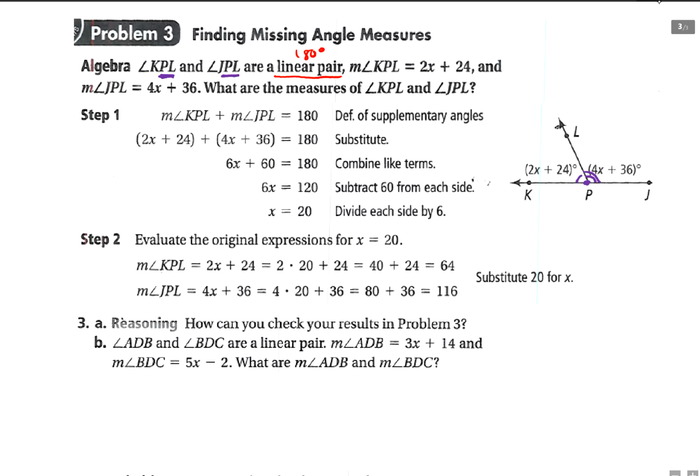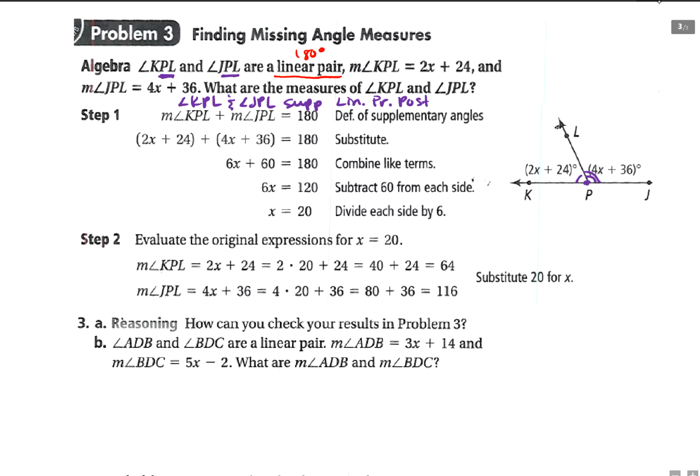So, first thing I would put on here is angle KPL and angle JPL are supplementary. This is my linear pair postulate because I have two adjacent angles that form a line. Then I can say that the sum of the measures is 180 degrees by the definition of supplementary.